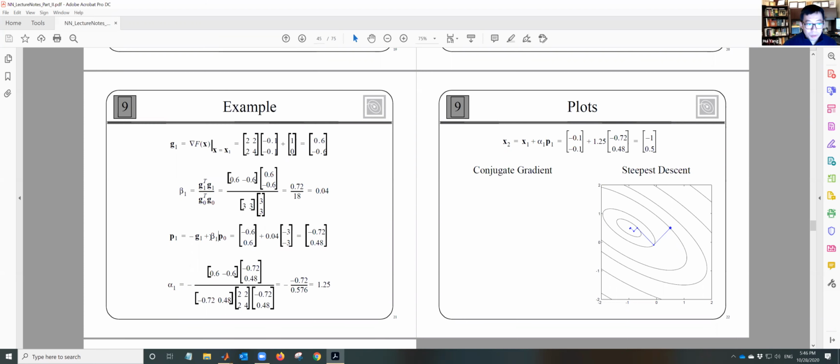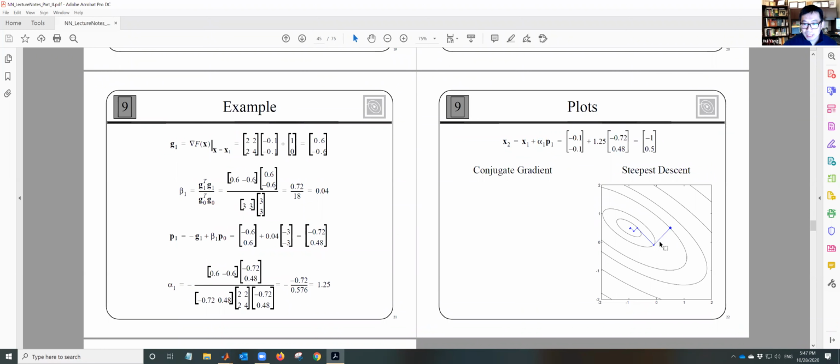So you tweak a little bit. You don't go directly along the negative gradient, but rather you add a little bit of deviation. Then you get the new search direction. Based on the new search direction, you find the minimization along a line, alpha 1, and then you get the new location.